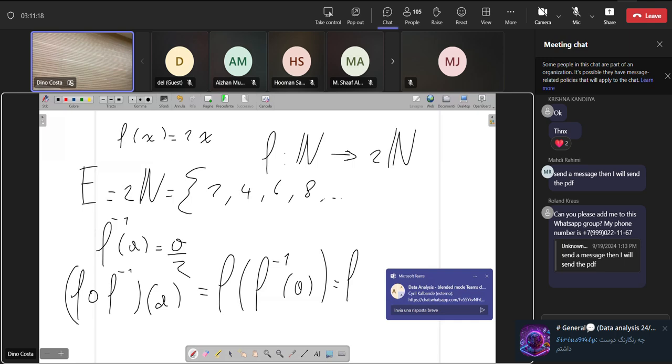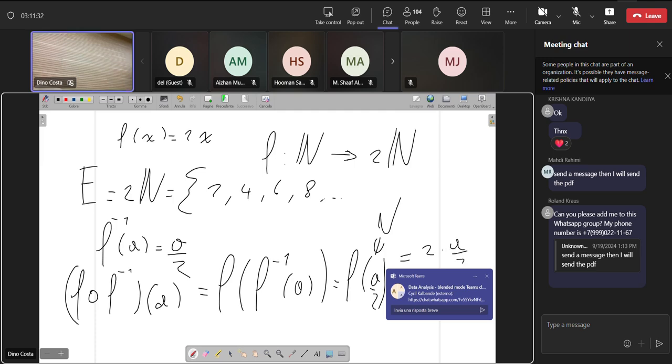So this is f of a divided by 2. Pay attention, because of our choice, this is a natural number. And now we obtain 2 times a over 2, which is a, an element of 2N.